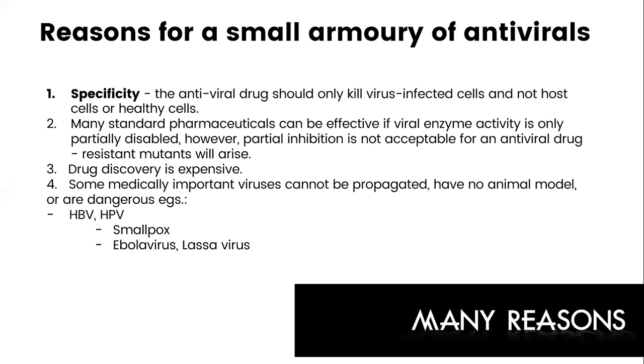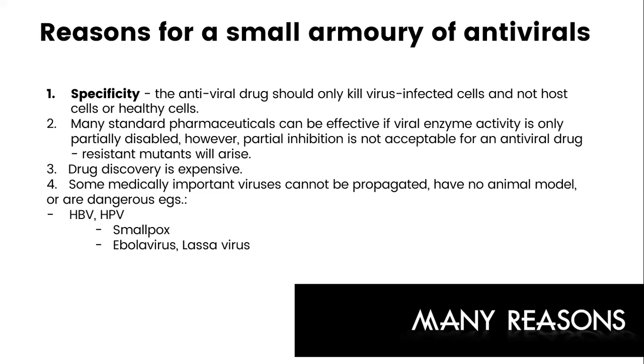Many standard pharmaceuticals can be effective if viral enzyme activity is only partially disabled. However, partial inhibition is not acceptable because it allows resistant mutants to rise. So essentially what this is saying is that we could come up with pharmaceuticals that would be effective against the virus, but only partially.